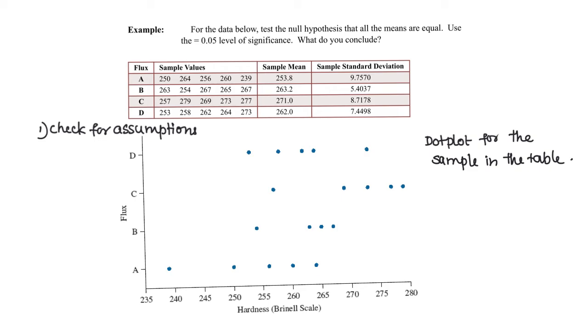First, check for assumptions. This is the dot plot for the samples in this table. There is no indication of severe violation of the assumption of approximate normality. All these samples have the same sample size and the design is balanced. There are 4 samples and we can start the problem by stating the null hypothesis that mu1, mu2, mu3 and mu4 are equal.